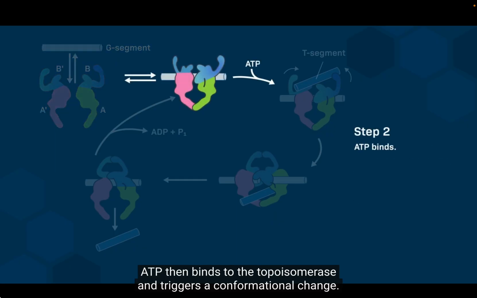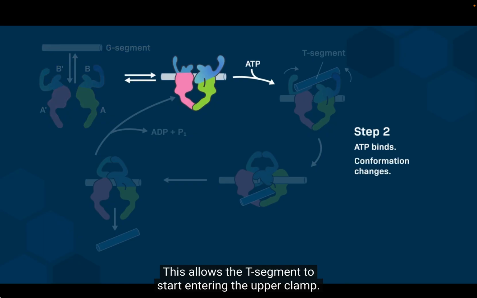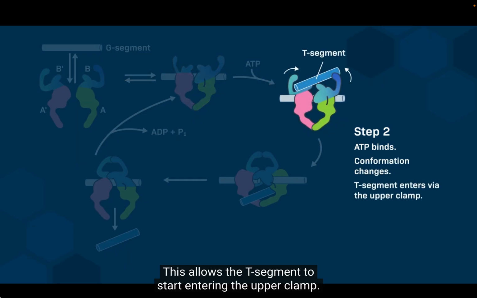ATP then binds to the topoisomerase and triggers a conformational change. This allows the T segment to start entering the upper clamp.